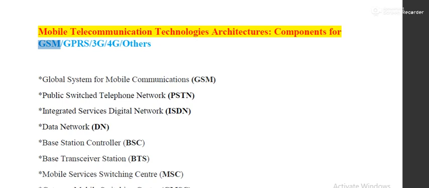So let's start with GSM, which is used in collaboration with GPRS and with 3G, and 4G purely supports packet data network. I'll let you know the rest of the things further.